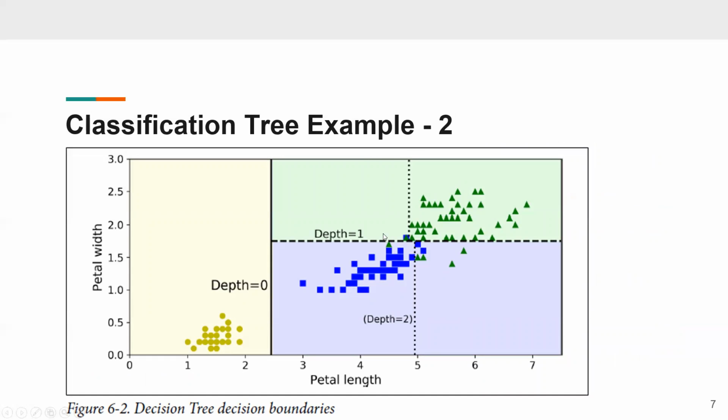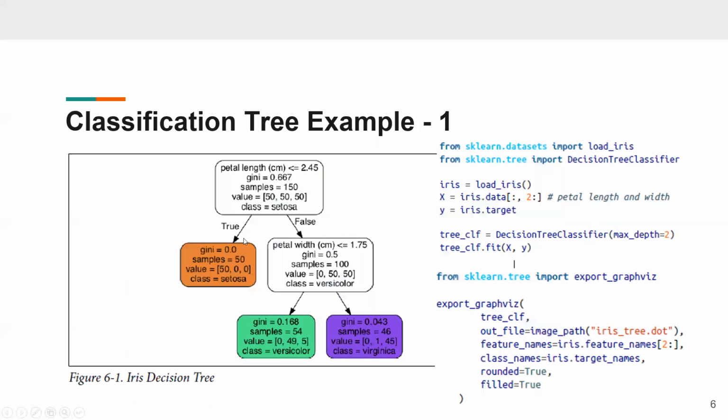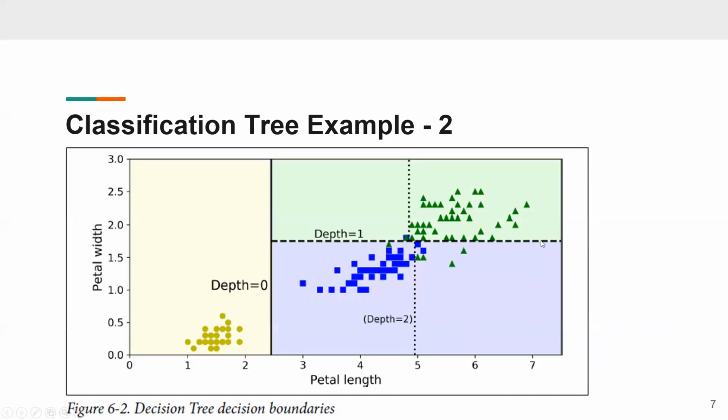For the second part, on the left-side node, you have 49 versicolor and 5 virginica. It would be this part. You split, and it's really here, so that you have the majority of them.